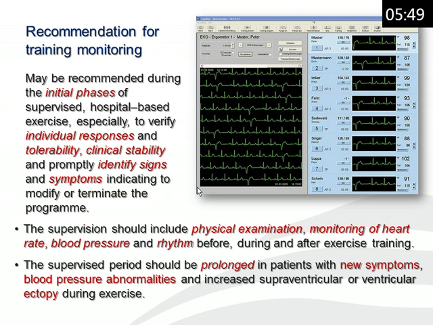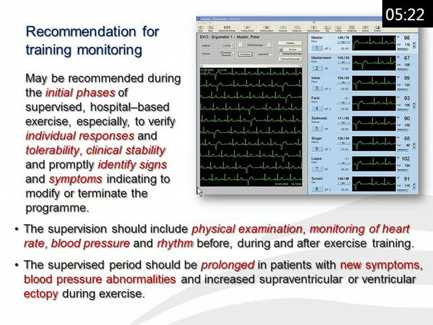Of course, we know that monitoring during endurance training is very easy. We can have the ECG, however, when we do respiratory muscle training or resistance training, it's more difficult. So you don't have to monitor your heart failure patients all the time. However, during some time during exercise it can be useful, and especially when starting.